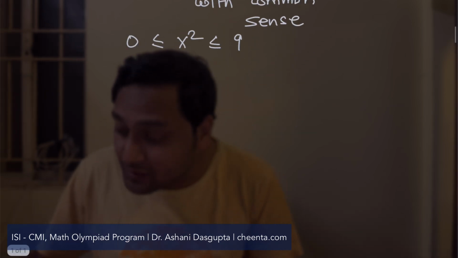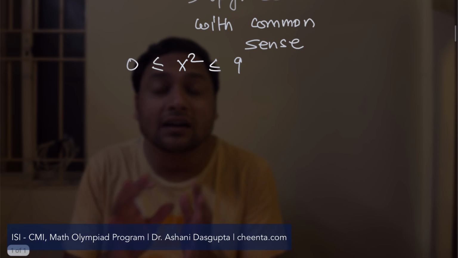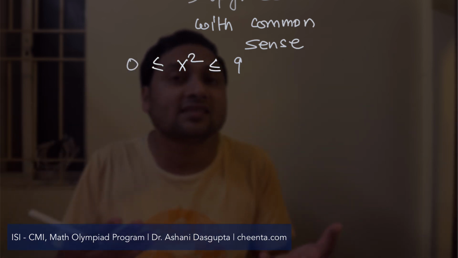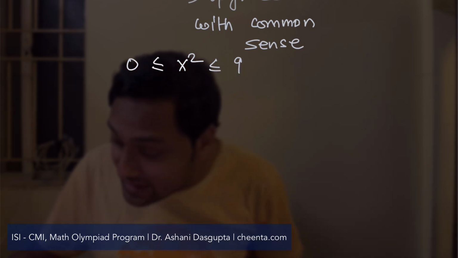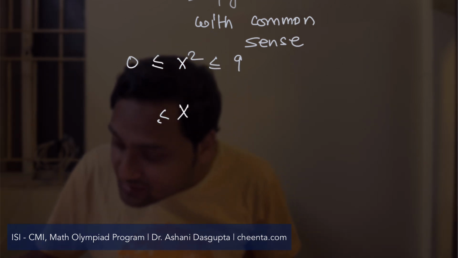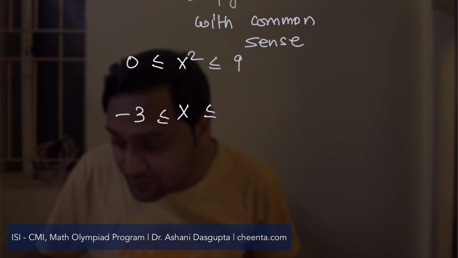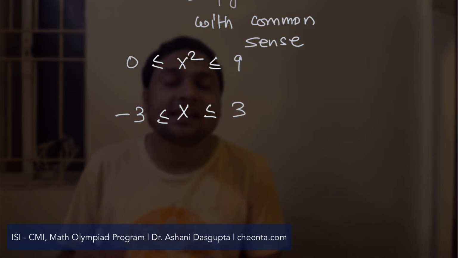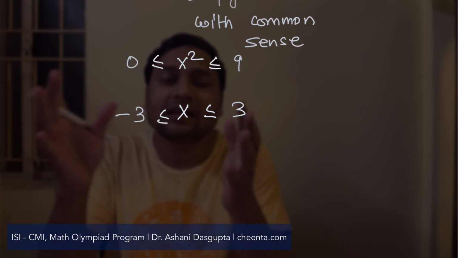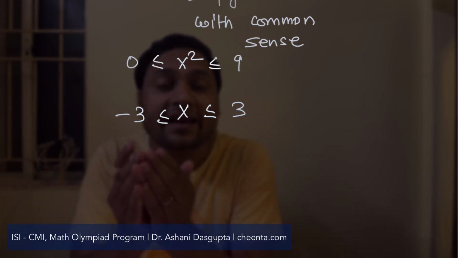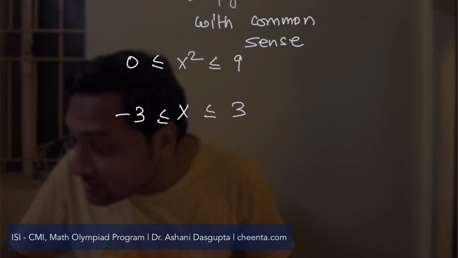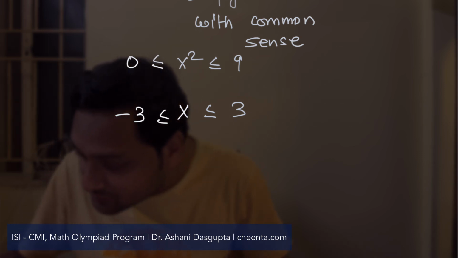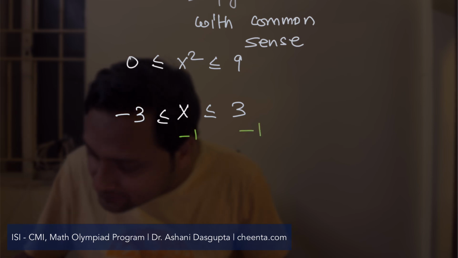Now, how would you convert this into the range for x? If the square of x is less than or equal to 9, then x must be between minus 3 and 3. Again, common sense: x squared between 0 and 9 means x between minus 3 and 3. Just subtract a 1 from everything.